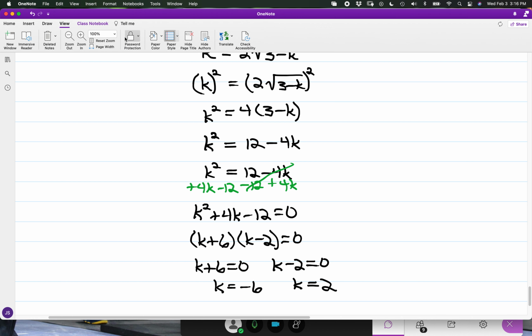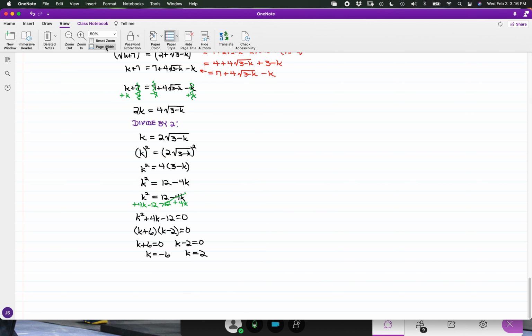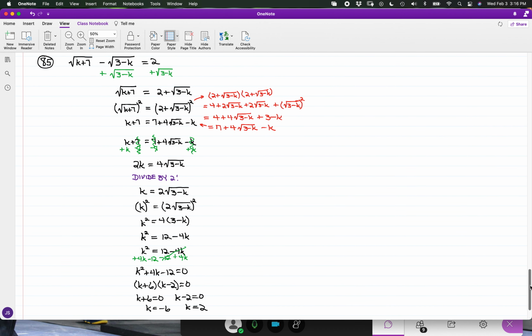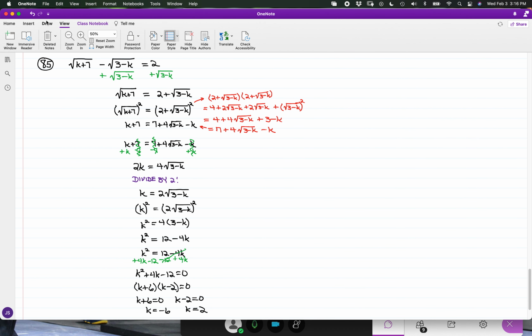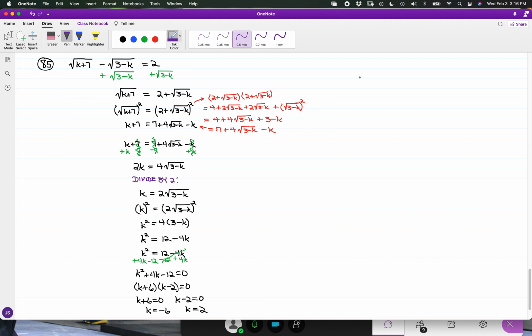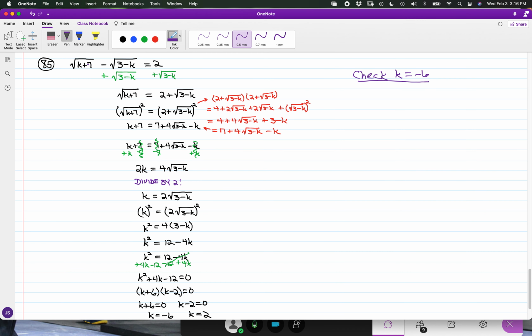And so just looking at what we have and checking the apparent results. If I check x, or I should say k, equal to negative 6: you got negative 6 plus 7, so that's going to be the square root of 1, and you got minus. Now 3 minus negative 6 translates to 3 plus 6, so we have the square root of 9, equal to 2.